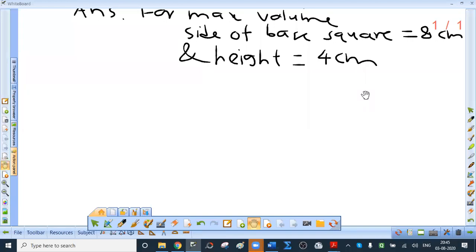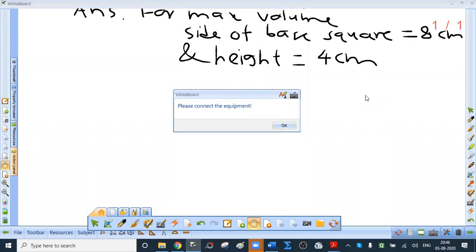Now sum number 16. The profit function P of X of a firm selling X items per day is given by P of X equal to 150 minus X inside the bracket into X minus 1625. Find the number of items the firm should manufacture to get maximum profit. Find the maximum profit.